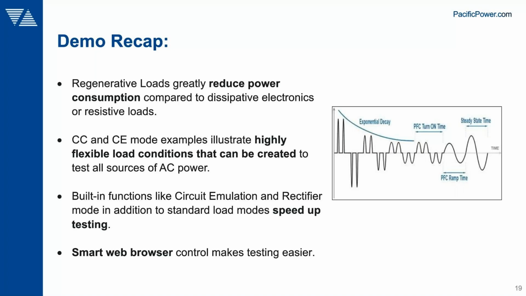What we also did, as you may have noticed, is we used our Smart Source Suite web browser interface because it gives us more screen real estate than the front panel would, and allows us to look at a lot more information at the same time, such as complex transient sequence lists that you want to study or edit and modify, as well as the built-in 6-channel scope capabilities that our electronic load has, that allow you to capture the events, especially transient events that are one-time events or short duration events, and subsequently trigger on that easily without having to deal with external test equipment or external scopes.